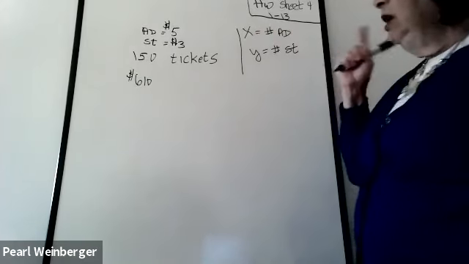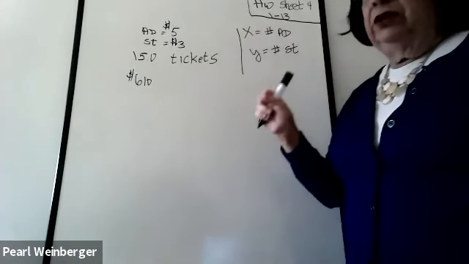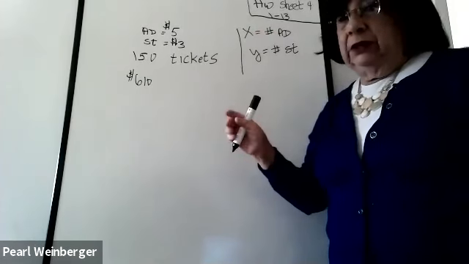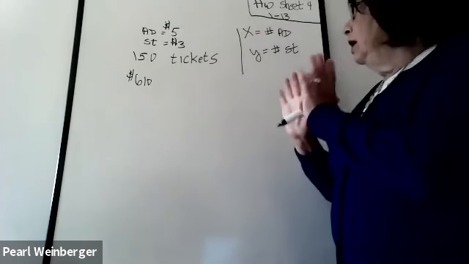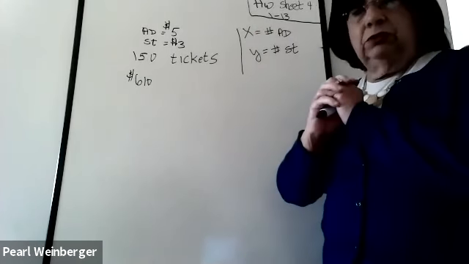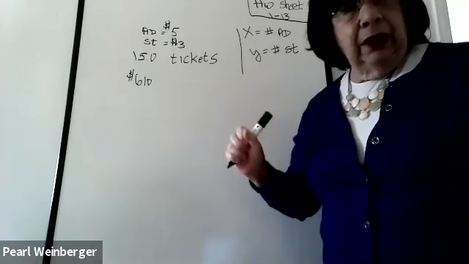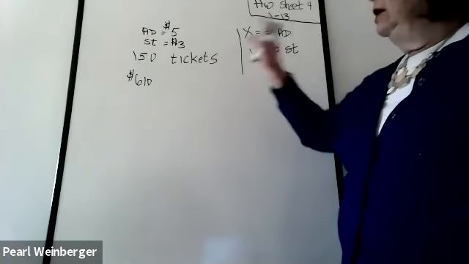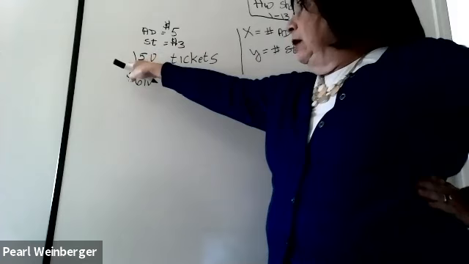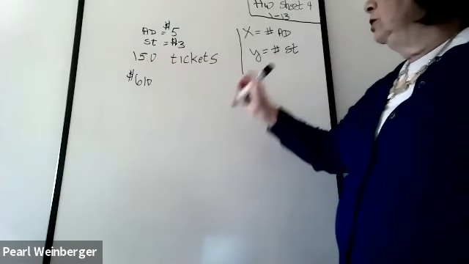Be very clear in your mind what your variables represent. So we know X is how many adult tickets were sold. Y is how many student tickets were sold. Now remember, the first statement we had was that 150 tickets were sold.